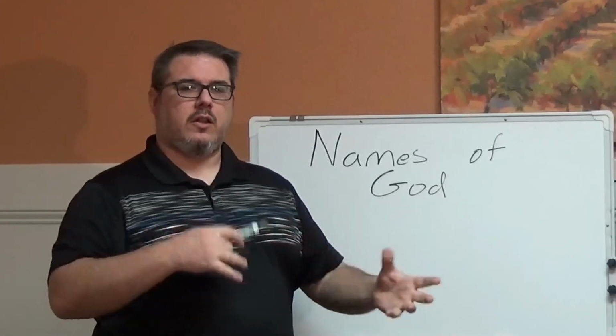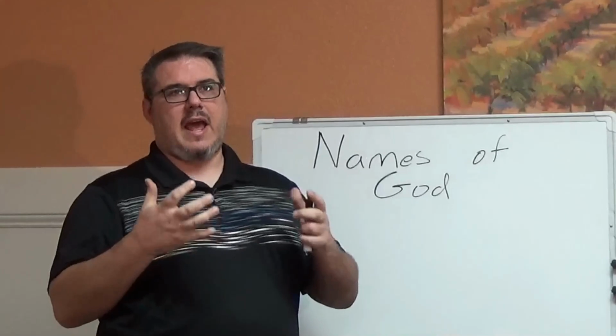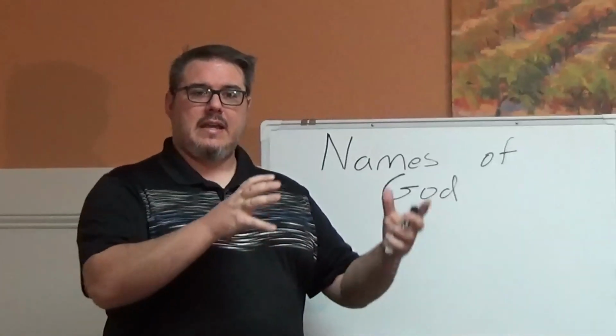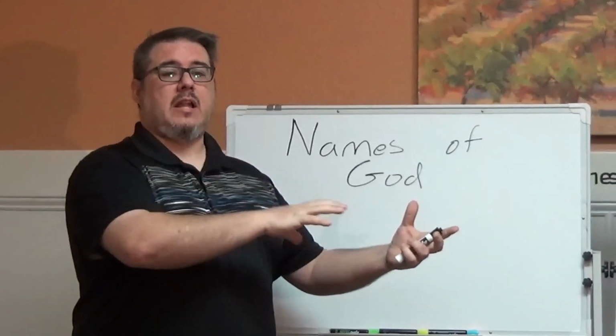Languages tend to build on themselves. So if we start at the beginning, we can look at how people referred to God initially and how that evolved through time. And there will be a lot of building on.